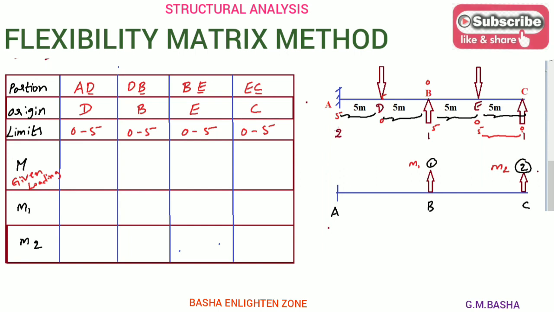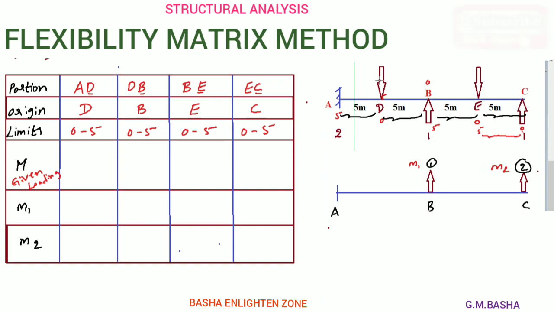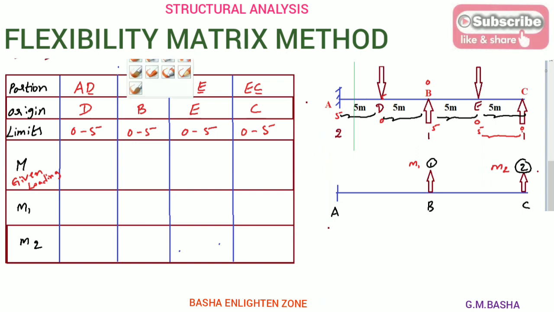So our first step is, please observe one by one and step by step. Here in this span AD, I am considering a section XX at a distance of X from D, because my origin point is D. For that reason only I am considering a section XX.